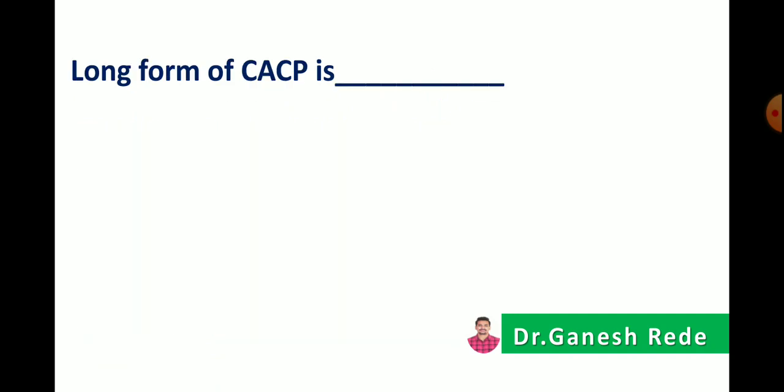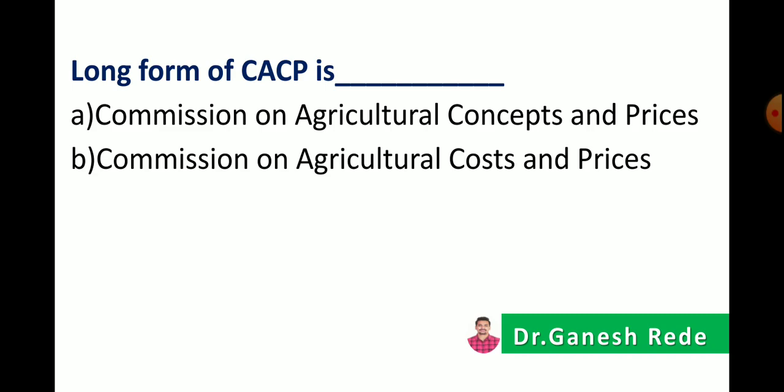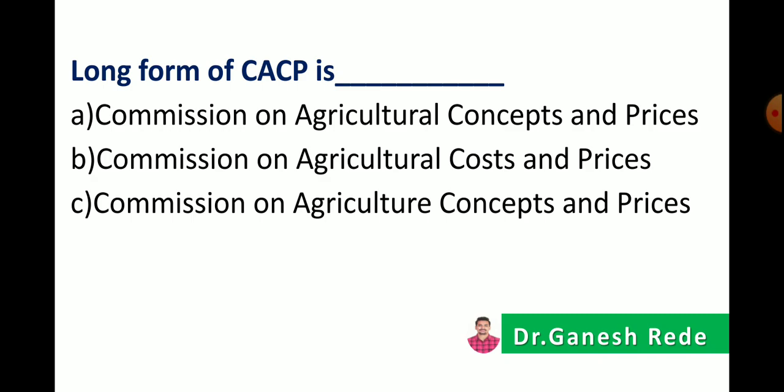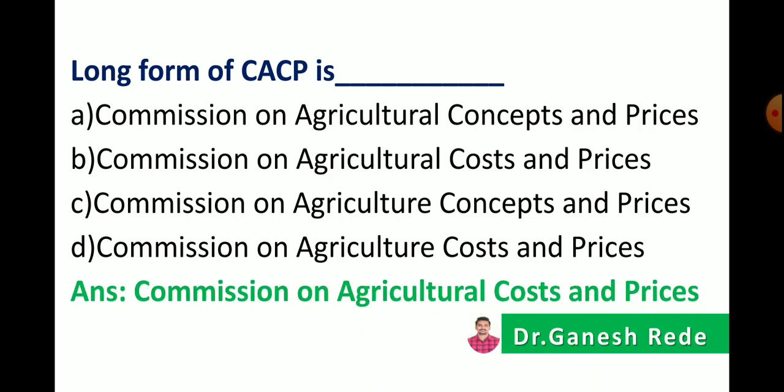Next, the full form of CACP is option A, Commission on Agricultural Concepts and Prices; B, Commission on Agricultural Costs and Prices; option C, Commission on Agriculture Concepts and Prices; or D, Commission on Agriculture Costs and Prices. The correct answer is option B, Commission on Agricultural Costs and Prices.